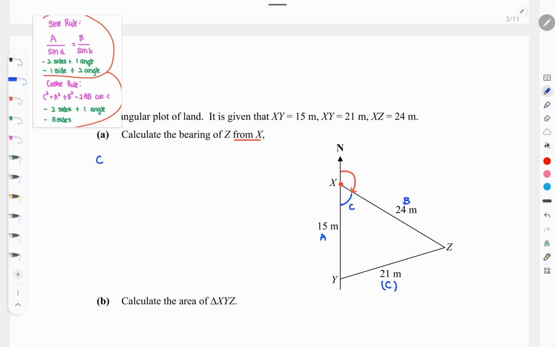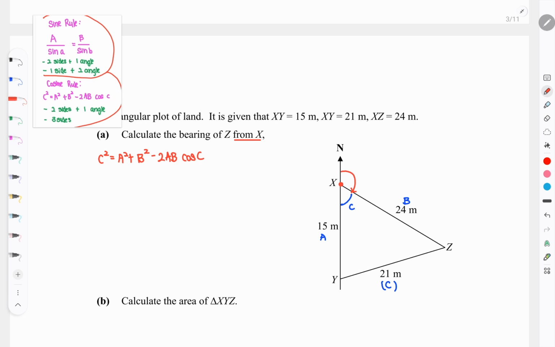So let me write down the formula first. Okay, c square equals a square plus b square minus 2ab cosine C. Okay, so let me shift this formula around first before I bring in any number. Once I bring in the numbers, I have to write more things.